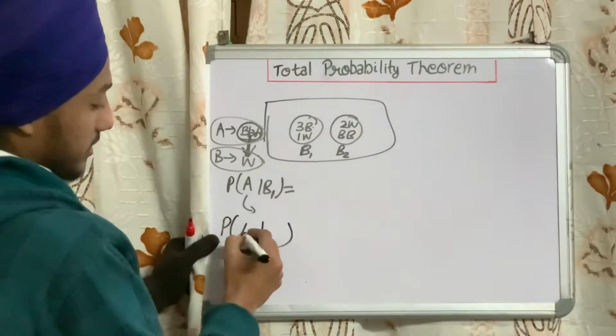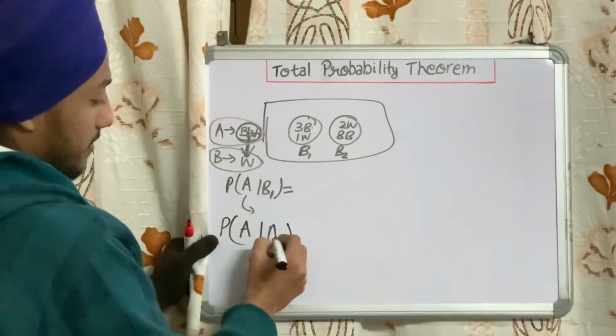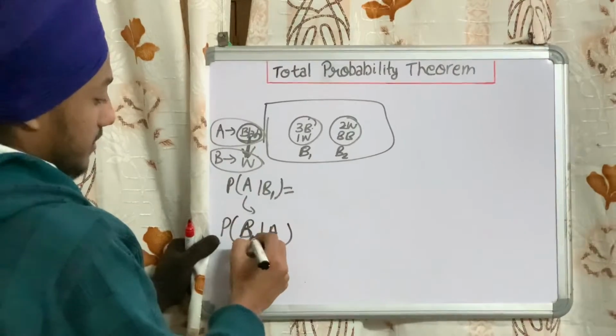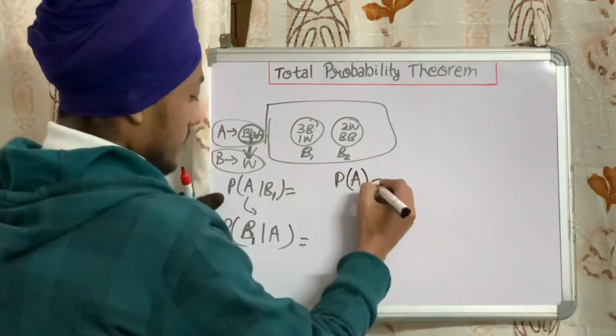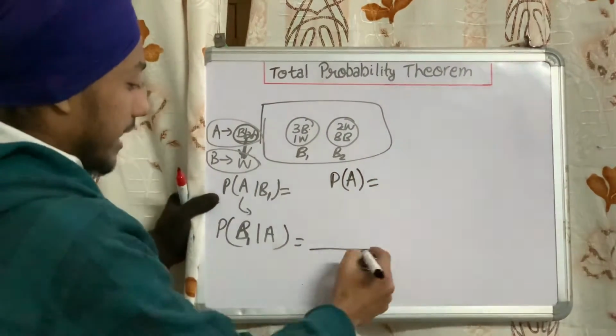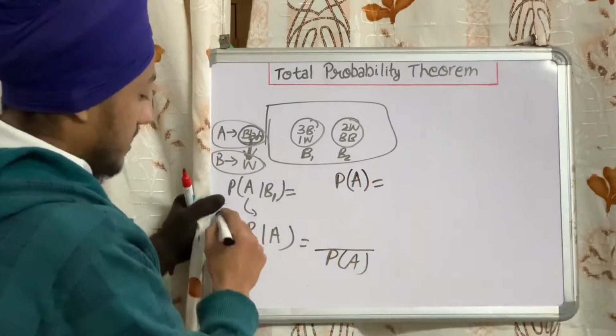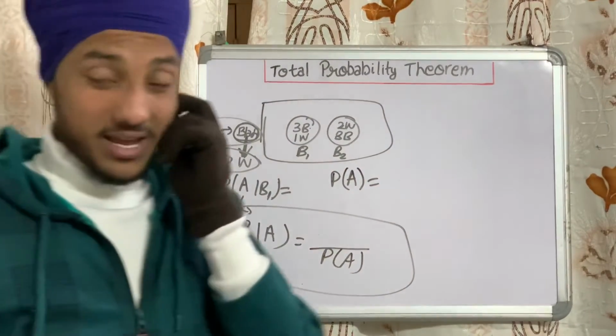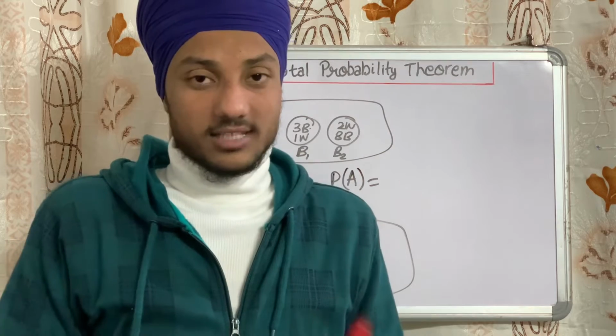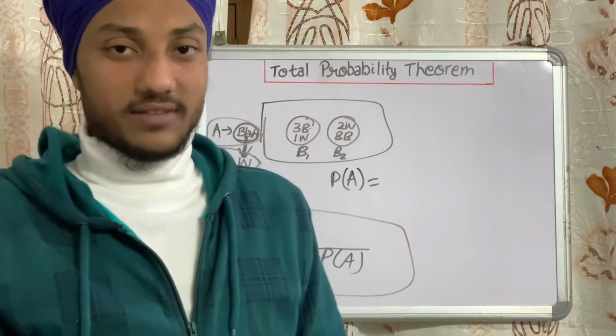Let's reverse it. What's the probability of A first, then we will find the probability of B1. Because we know that A has already happened, A is a black ball which we have taken from the bag.